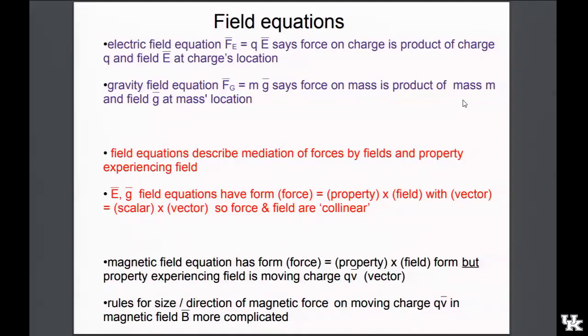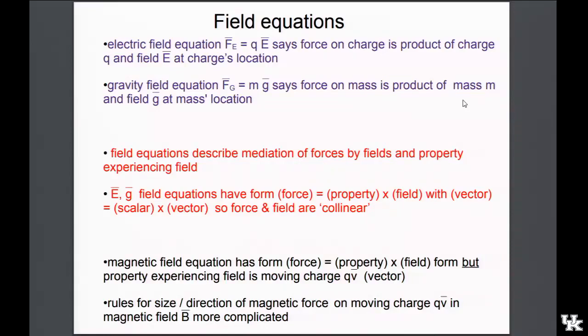The field equation for magnetism also has this form, where the magnetic force is equal to the product of the field that carries the force times some property of nature. But this time, that property of nature is not a scalar.